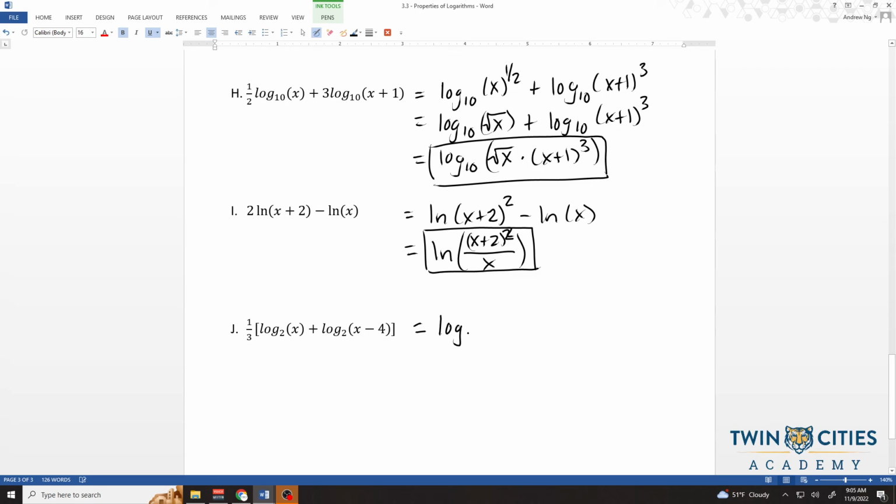These are going to be added together, so I can multiply these: x times x minus 4. And I've got 1/3 out here still.